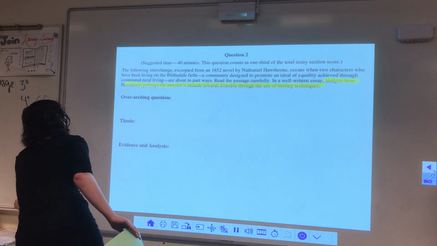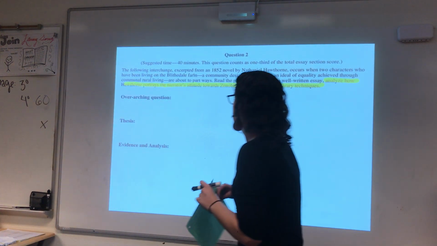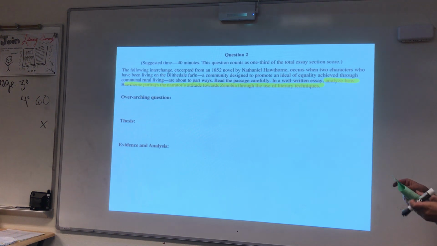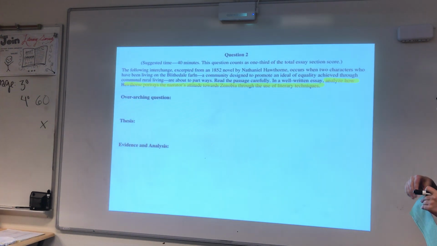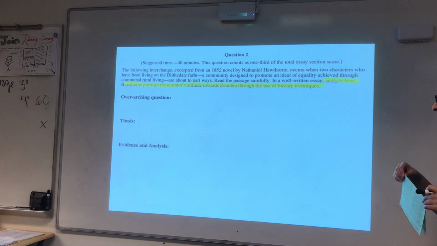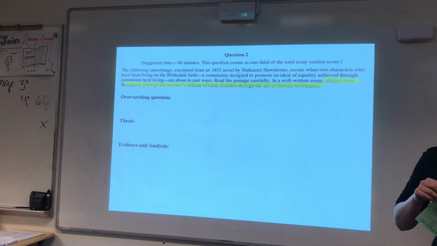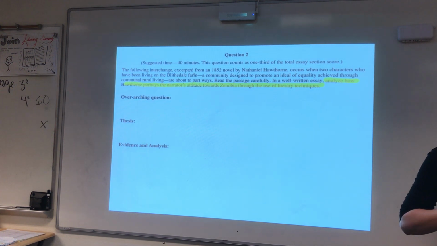Okay, so let's come up with an overarching question. How do we turn that part that we highlighted into a question? Actually, this is kind of an easy one to convert, so.